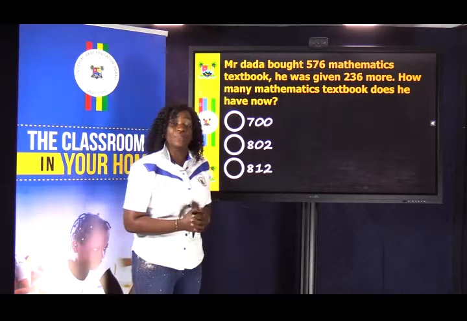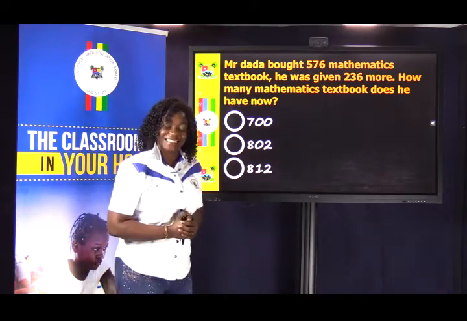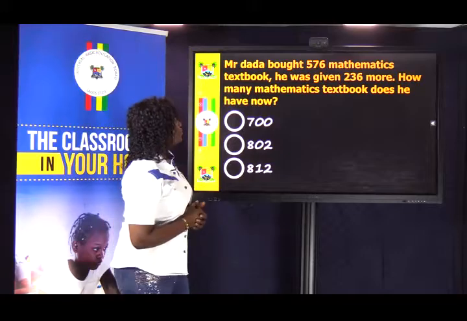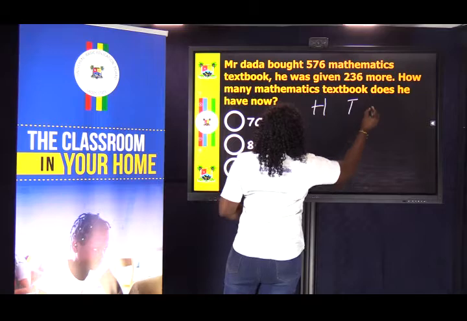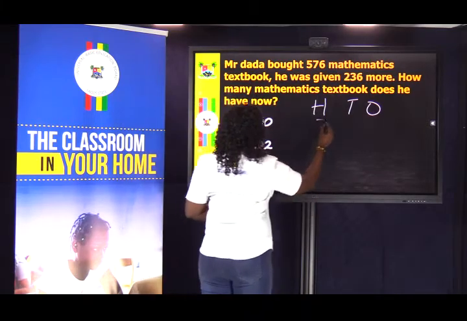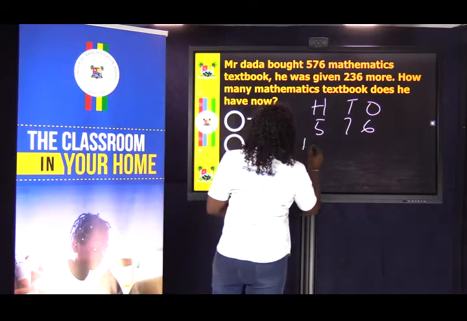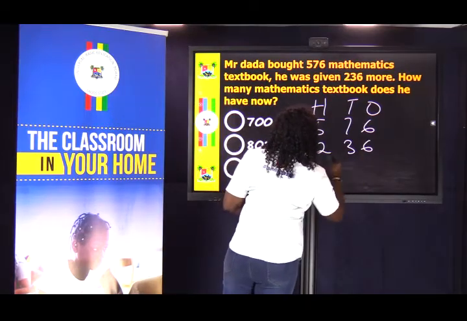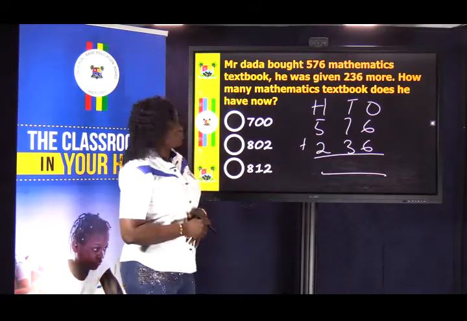When you are given something more, is it an addition or subtraction? Yes, smart you are, to add. So we add, we quickly write our hundreds, tens and ones column. We have 576, the amount he had initially, and 236, the new amount of textbooks which he was given.